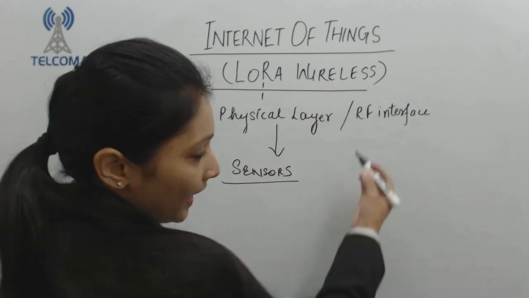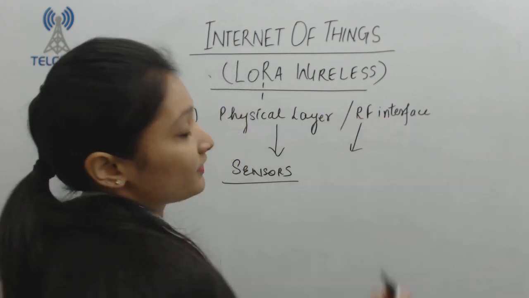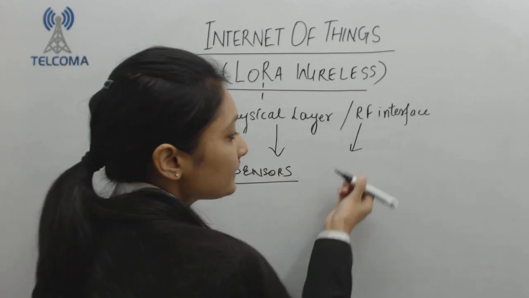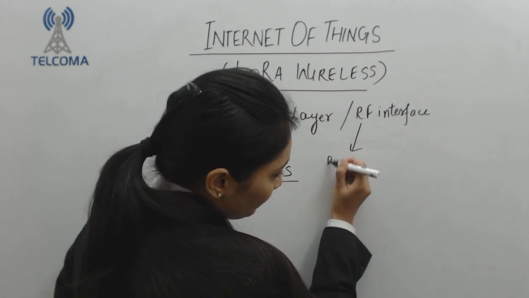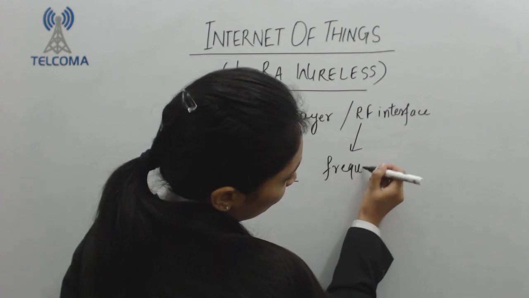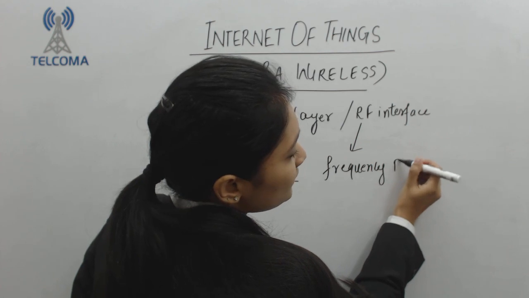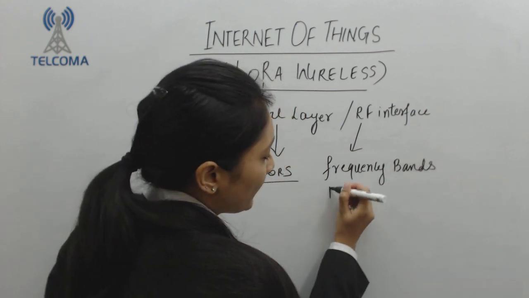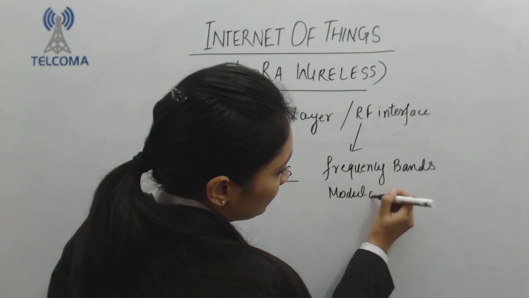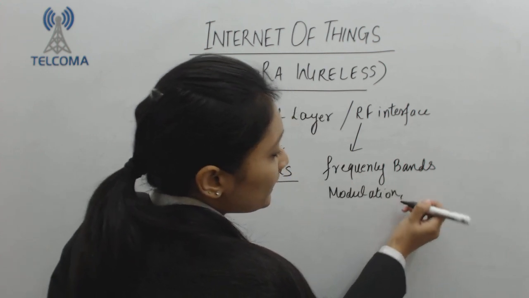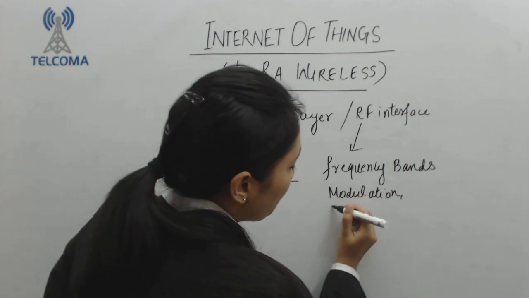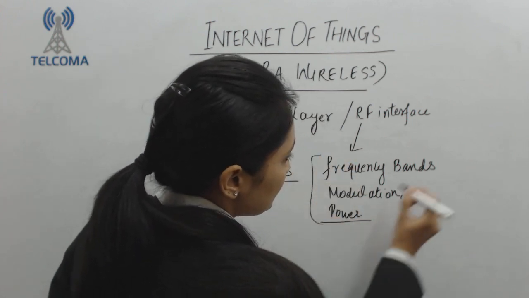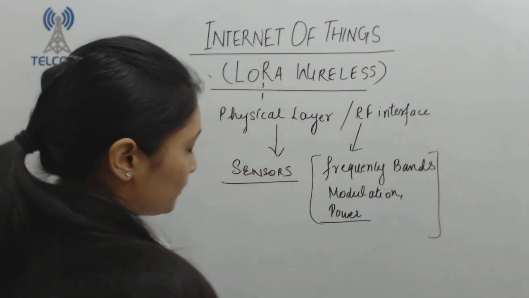Now, after that, we have the RF interface for the physical layer. That means the various RF parameters which it includes. That includes the frequency bands, because all these specifications are made in the physical layer: the frequency bands, the modulation technique which is used, and the power system for the network.